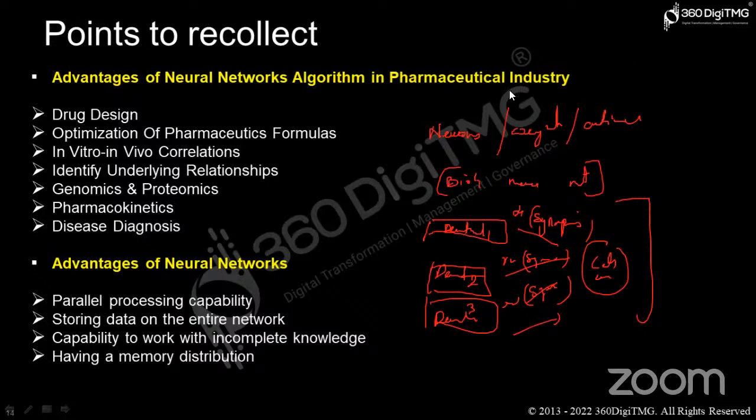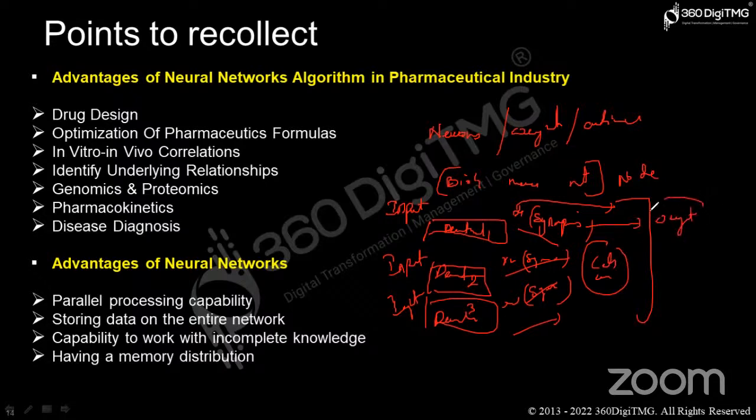In our case, the inputs are taken as dendrites, and X1, which we see as a node, and the synapses are nothing but the weights.